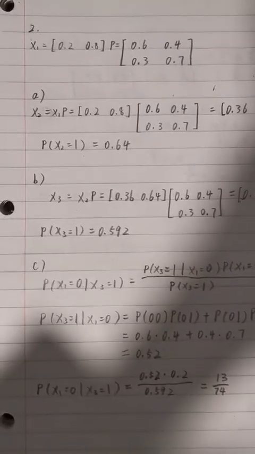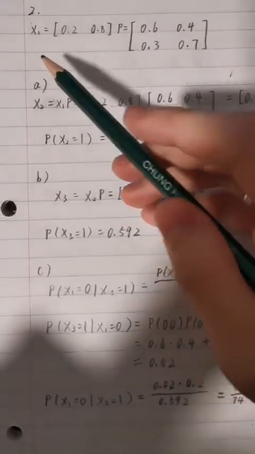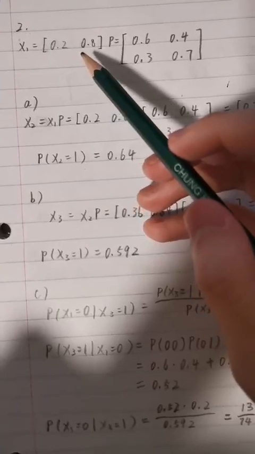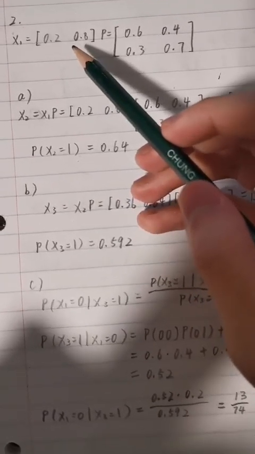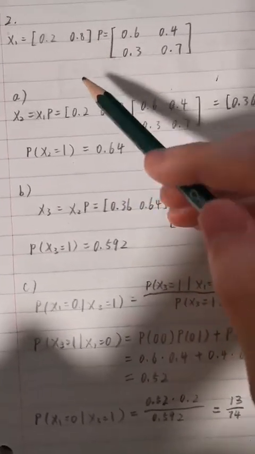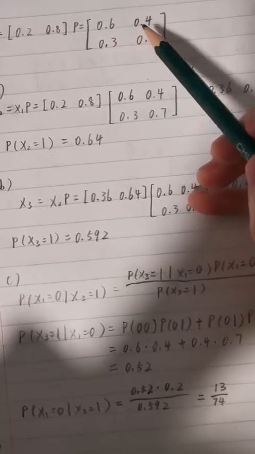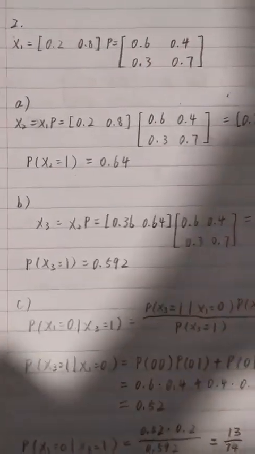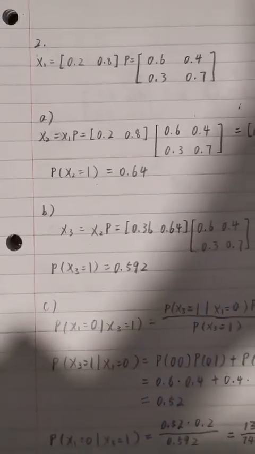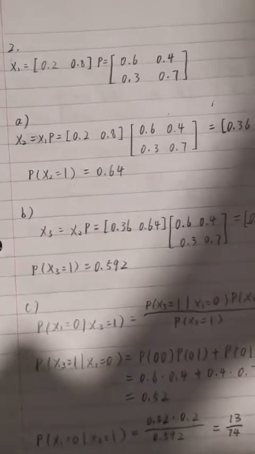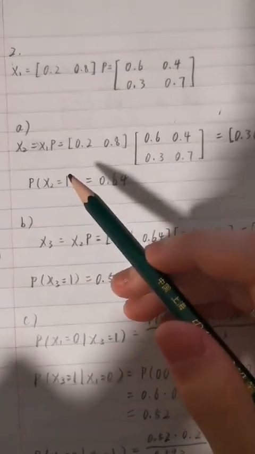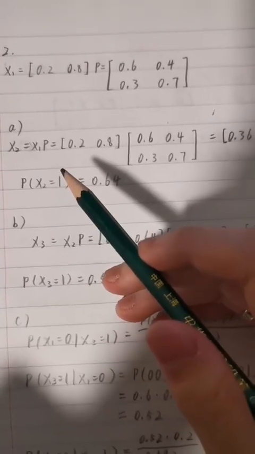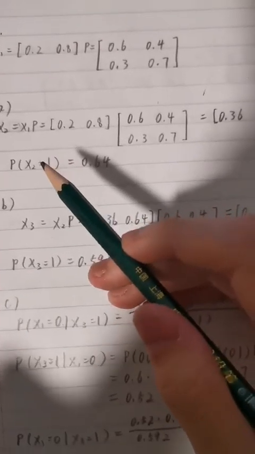The vector of x1 is 0.2 and 0.8, and the probability matrix is 0.6, 0.4, 0.3, and 0.7. The first question asks us to find the probability of x2 equals 1.